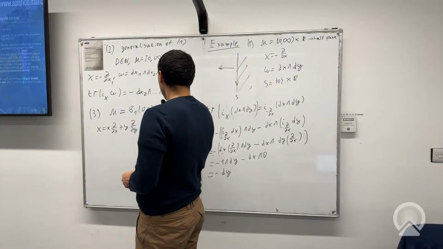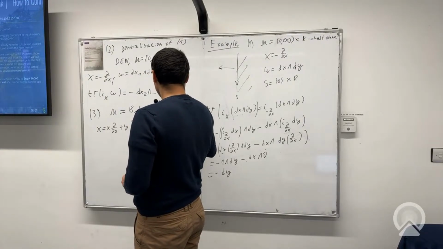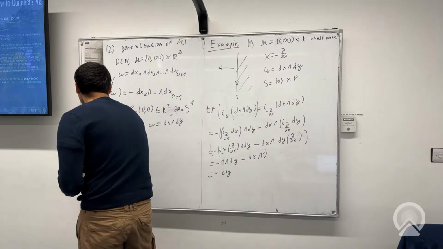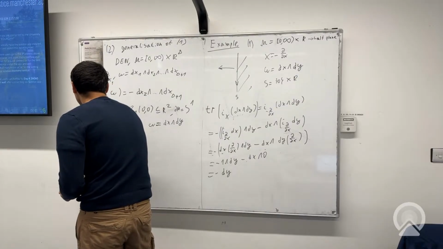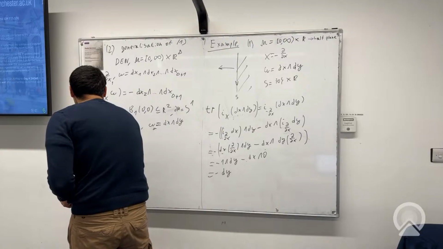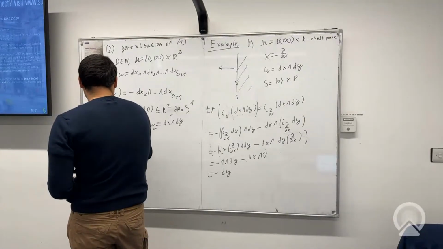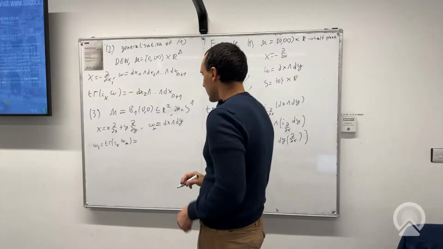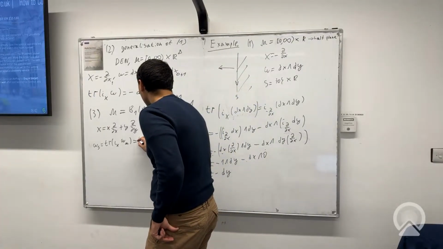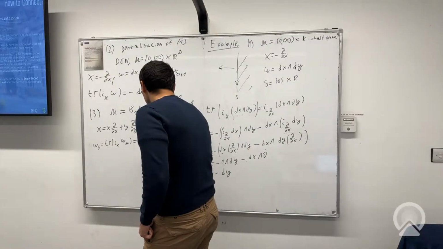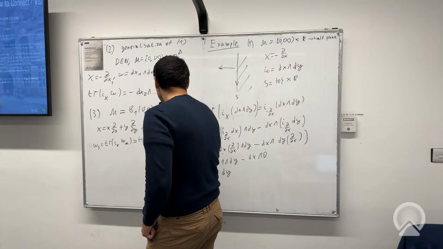And omega is again dx wedge dy. And then let me write this as omega M, and omega S is the trace of iota X of omega M, and this is the trace of iota of X, x d dx plus y d dy, of dx wedge dy.